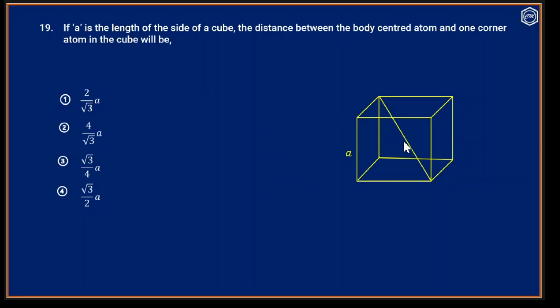The body-centered atom lies on the body diagonal, and the body diagonal is root 3 a. So this is the center, and the body-centered atom will be here. Now the corner atom will be this one. So they touch each other. This is one radius, this is another radius. So this distance is half of root 3 a, that is root 3 a by 2. So therefore the answer is 4.